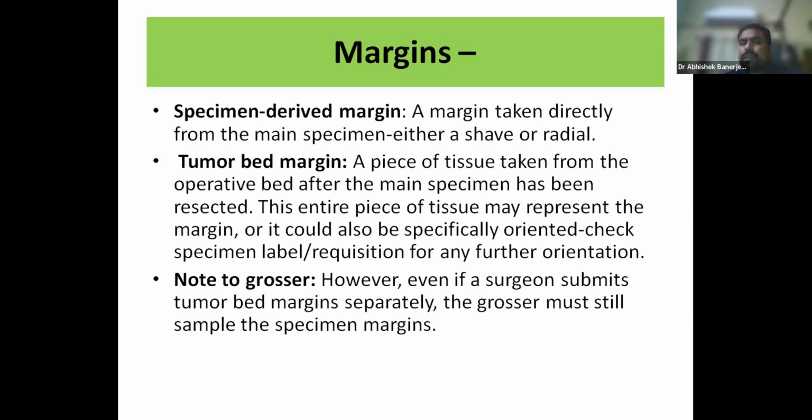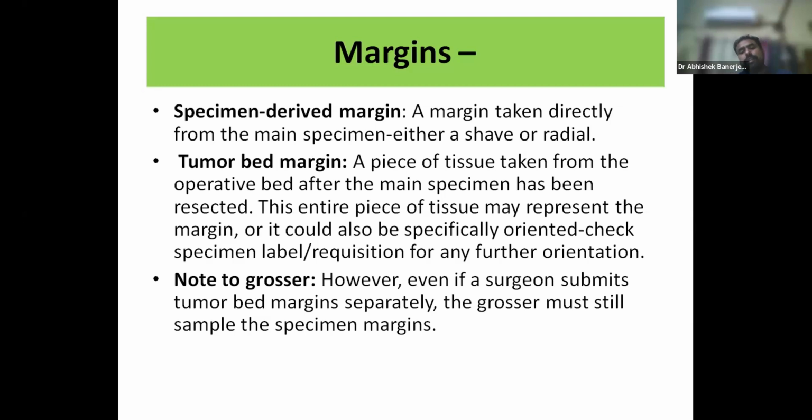Coming to the first, that is the margin, the specimen-derived margin. It is a margin taken directly from the main specimen, either shave or radial. Tumor bed margin is one piece; from the name itself, tumor bed. Bed is where we sleep, so the tumor is sleeping on the bed. That particular area is where we want to see whether the tumor is there or not.